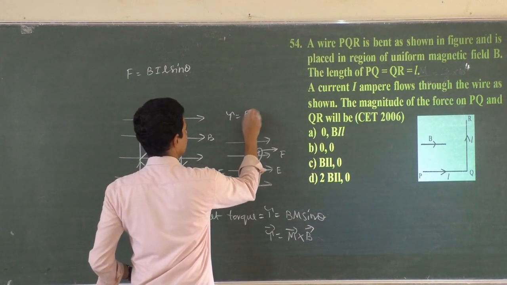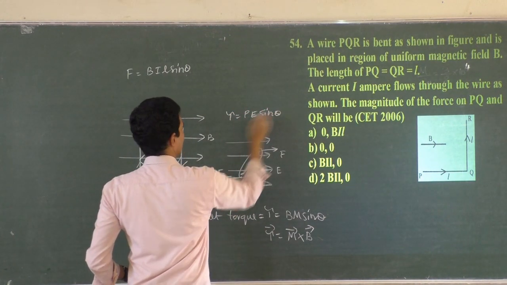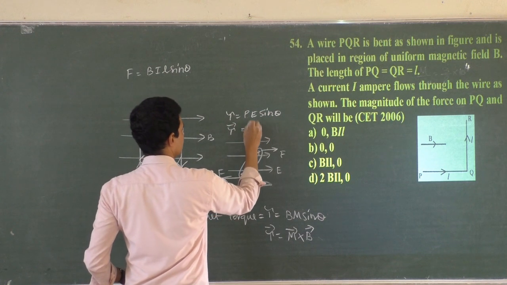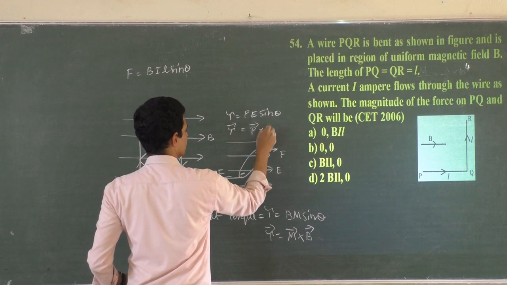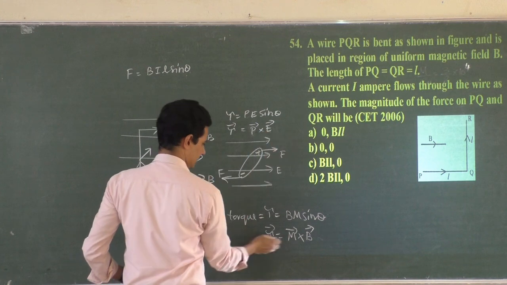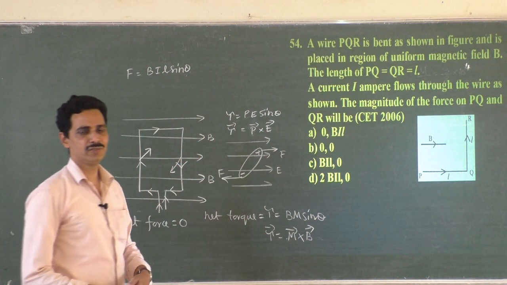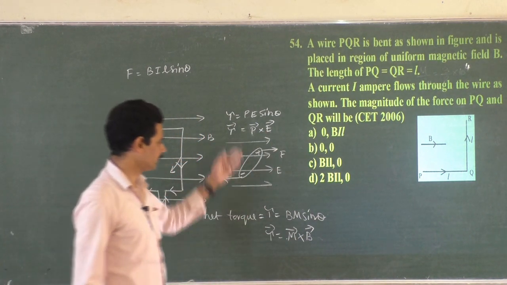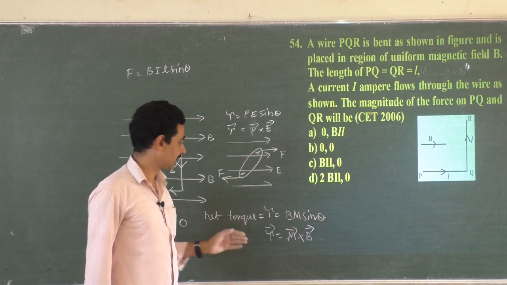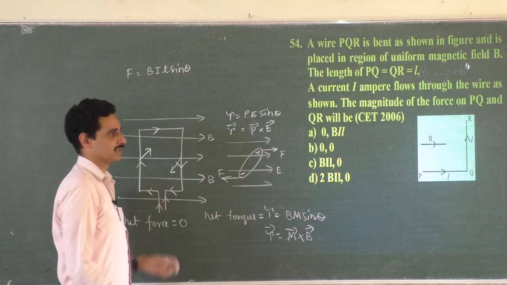Tau is equal to P sin theta. Remember this? And tau vector is equal to P cross E. Similarly, M cross B, magnetic moment into strength of the magnetic field. Same two formulas.